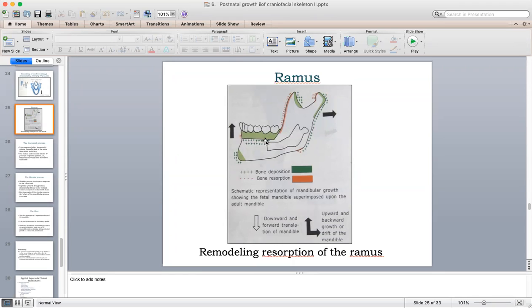These are the non-succedaneous teeth. So the molars are provided space. Also, it helps in the growth of the pharynx and the entire growth of the mandibular bone. So this is how the ramus growth or remodeling is important.